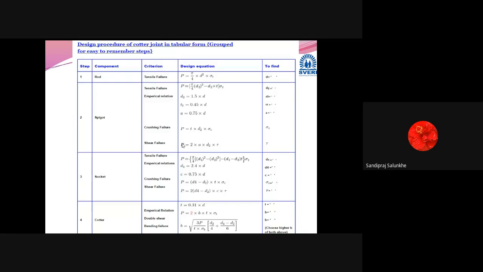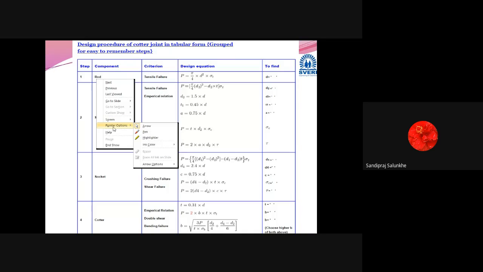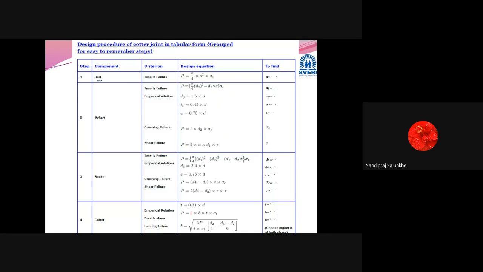First of all, we started our design by calculating the dimension of the rod, that is, the diameter of the rod. The rod will be undergoing pure tensile stress, so we have considered tensile failure as the criterion.